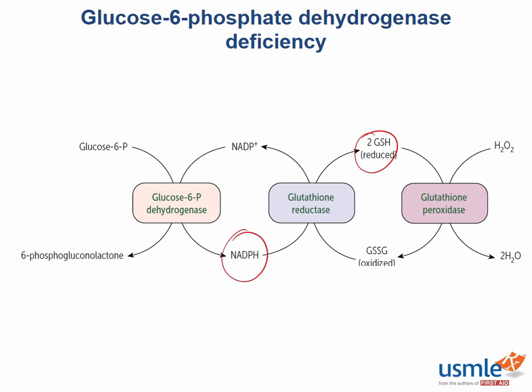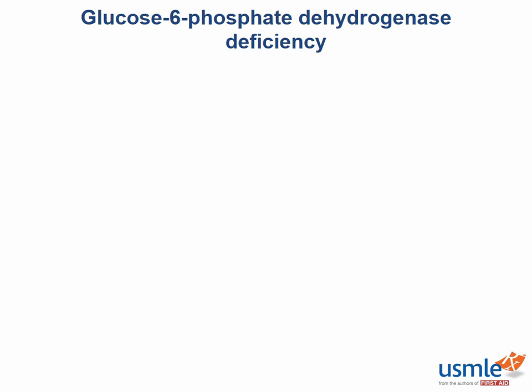And where did I say we got our NADPH? The HMP shunt. If we're missing the key enzyme G6PD of the HMP shunt, then we cannot make enough NADPH and our bodies can be subjected to oxidative stress without being able to appropriately deal with it.